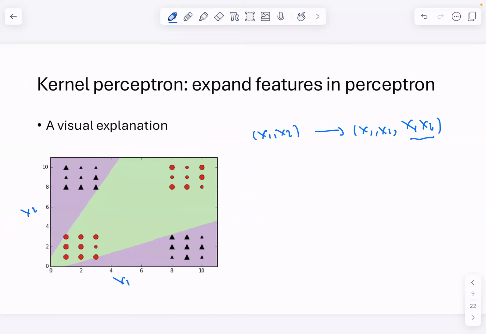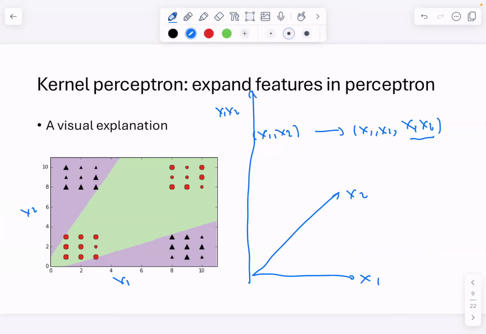Basically we are transforming this original 2D space to a 3D space. This is the original x1, x2 axes, and this is the new axis, x1 multiplied by x2.